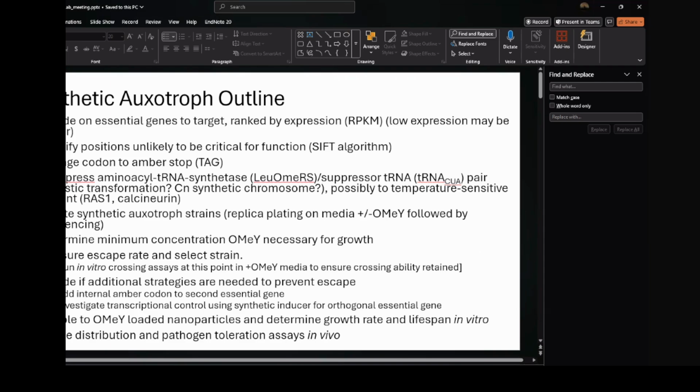Okay, great. Point by point, we'd first decide on an essential gene to target, a gene where we would make the mutation. We might decide on that based on its expression, or out of a list of known essential proteins in Cryptococcus.